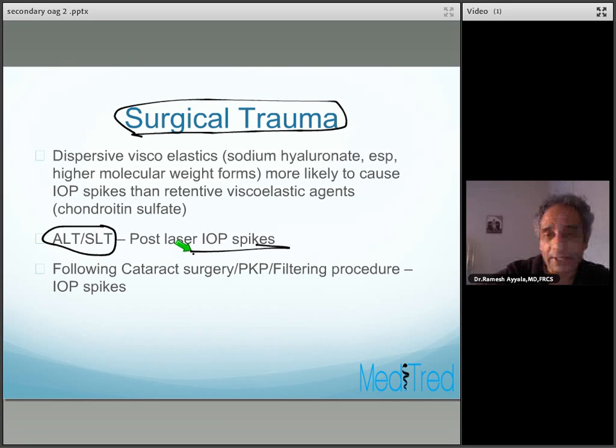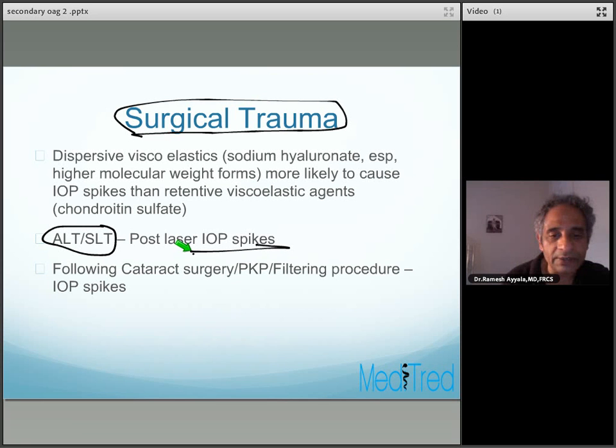It's not only an alpha agonist; in fact, you can use a beta blocker or a carbonic anhydrase inhibitor, any of these medications half an hour prior to the laser procedure, and then go ahead and proceed with the laser. And always make sure that you check the intraocular pressure about an hour after the laser procedure to catch these IOP spikes and, if necessary, treat them appropriately.